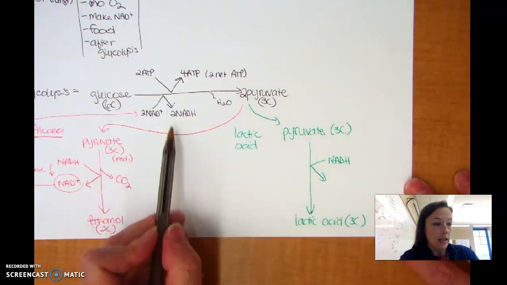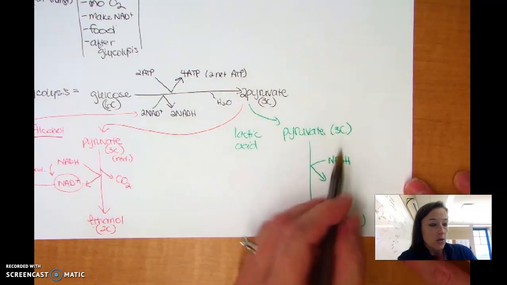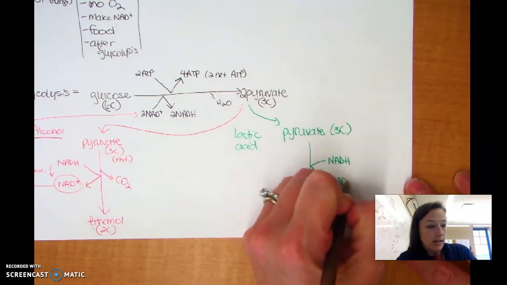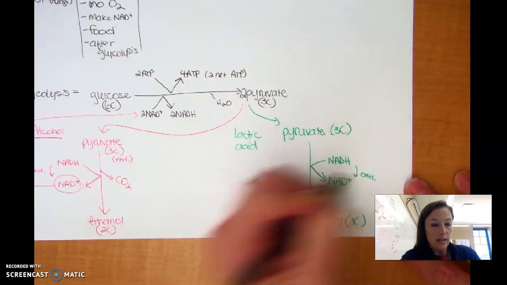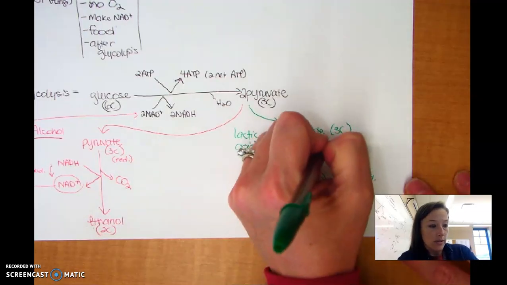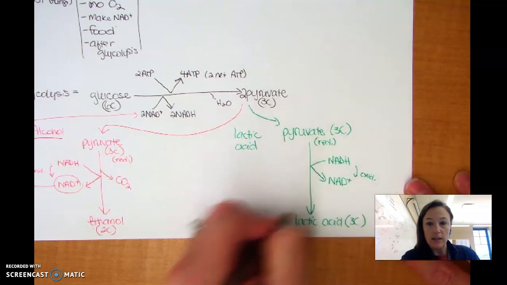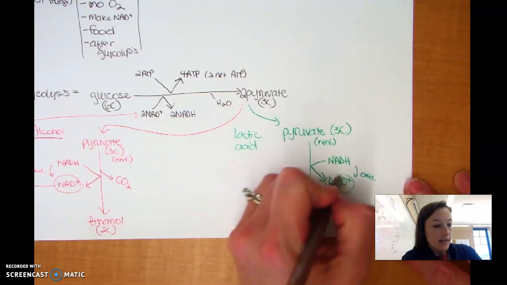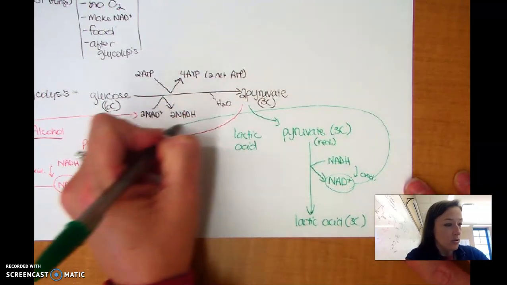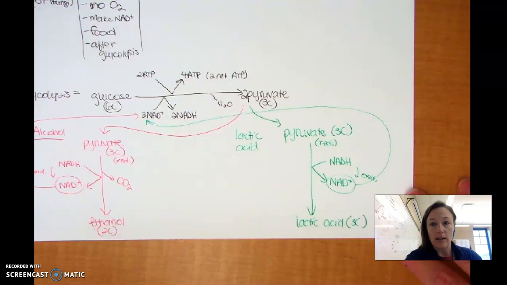So again, we're going to take this NADH and remove the electrons. Okay, so we're going to oxidize it back to NAD+, which means we are reducing the pyruvate, making it lactic acid. And then that NAD+ can now go back up here and be used by glycolysis.